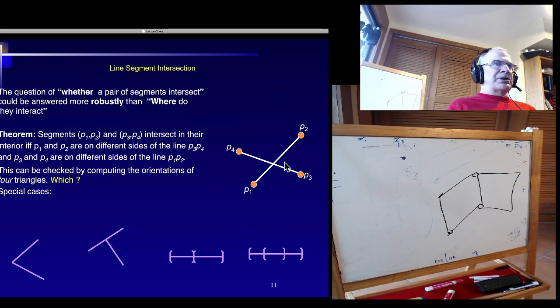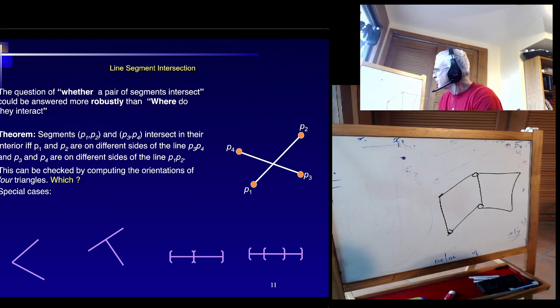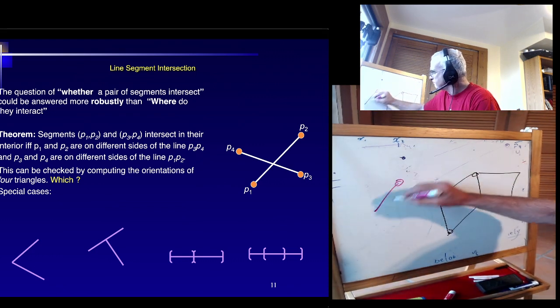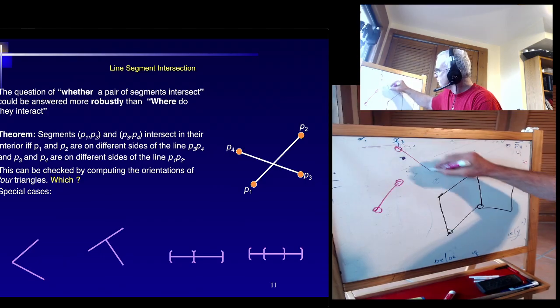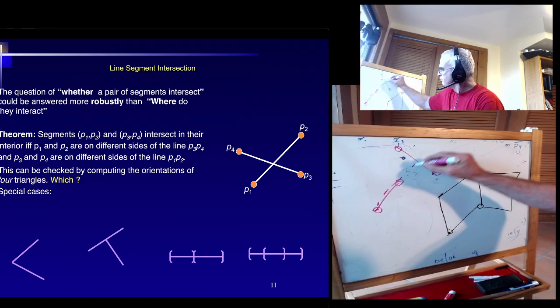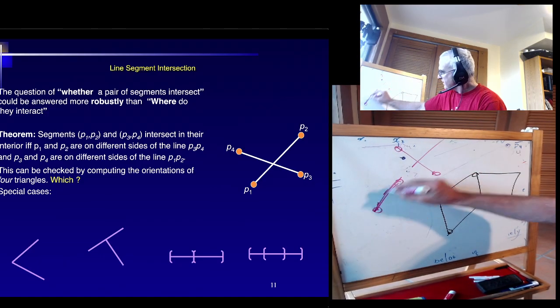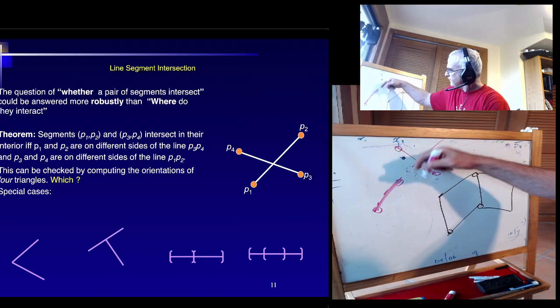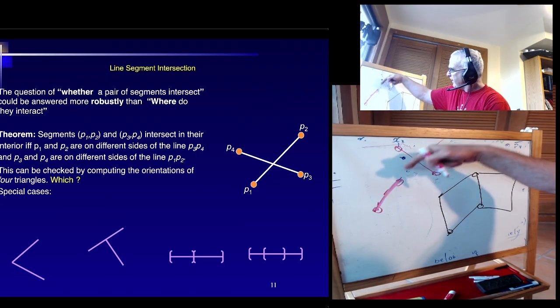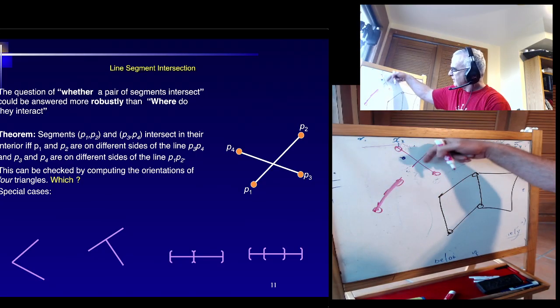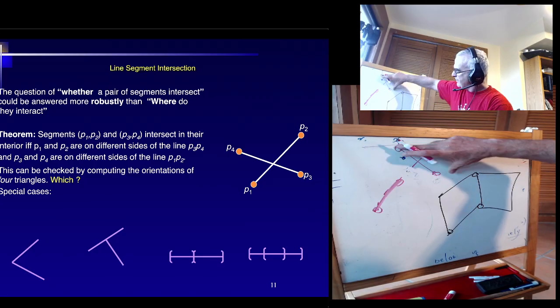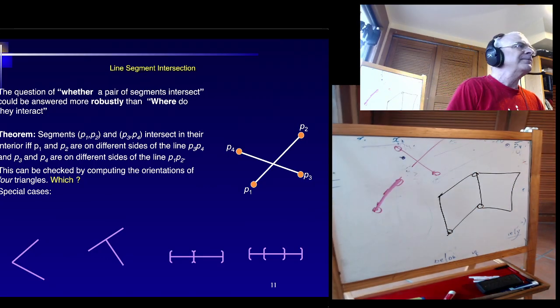I need both conditions to hold, because otherwise I can run into conditions like that this segment will think the line through this segment divides the two endpoints of this segment, but not the other way around.